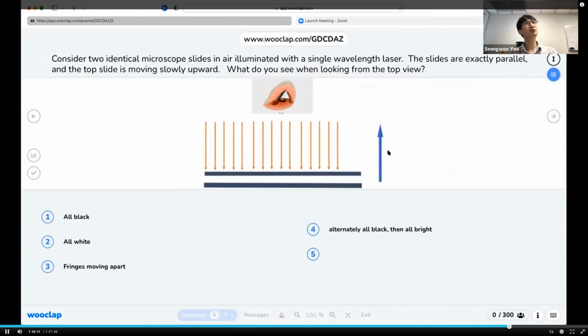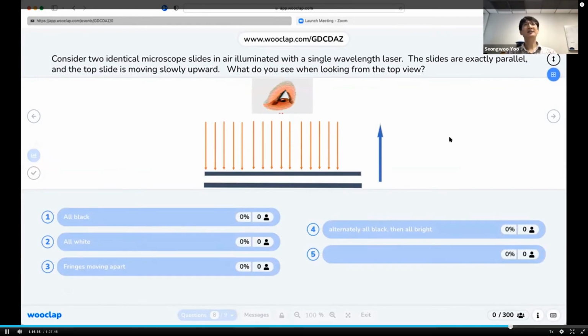Now, consider 2 identical microscope slides in air illuminated with a single wavelength laser. The slides are exactly parallel, and the top slide is moving slowly upward. What do you expect?